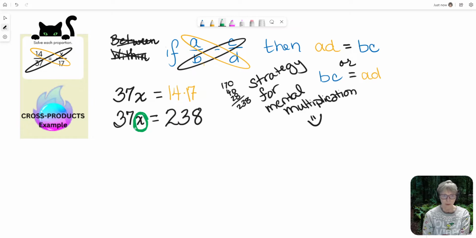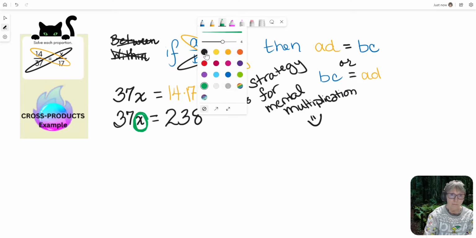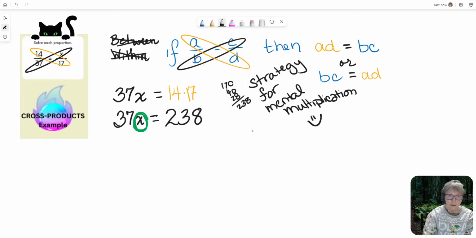Not to mention, we probably wouldn't guess right. We could estimate, well, 37 is about 40, and 238 is about 240. That would be about 6. Because that's really easy to divide, right? 240 divided by 40, that goes in easy. 4 goes into 24 6 times. And we're done, just like that.